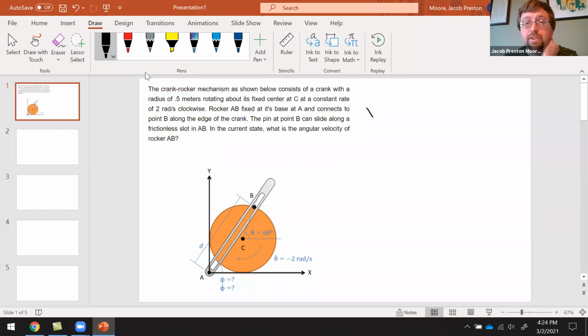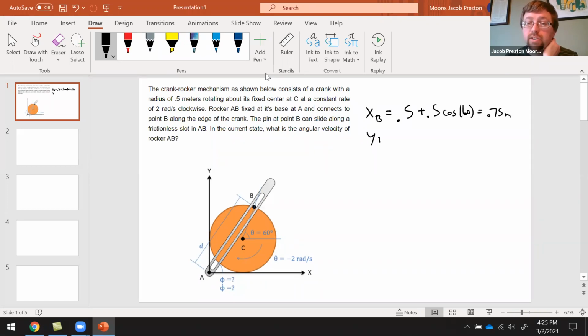So the x position of point B with respect to the origin at point A is going to be equal to 0.5 to get over here plus 0.5 cosine 60. That's going to be 0.75 meters.